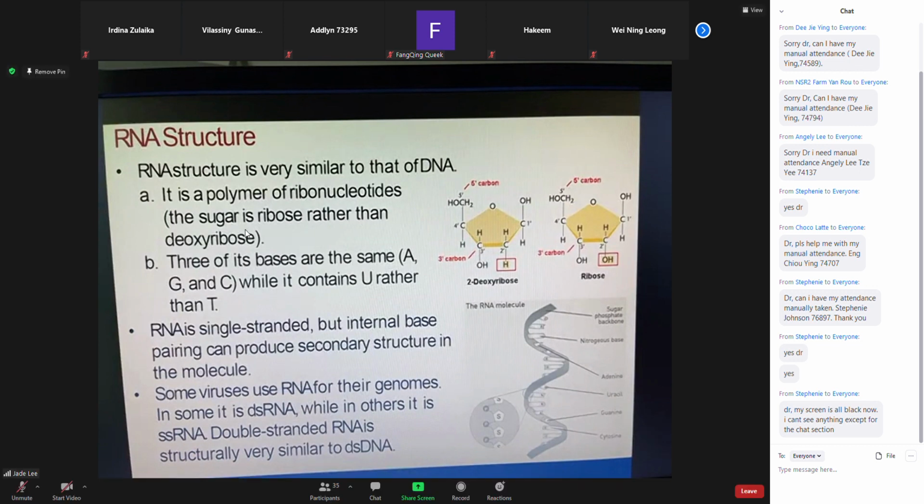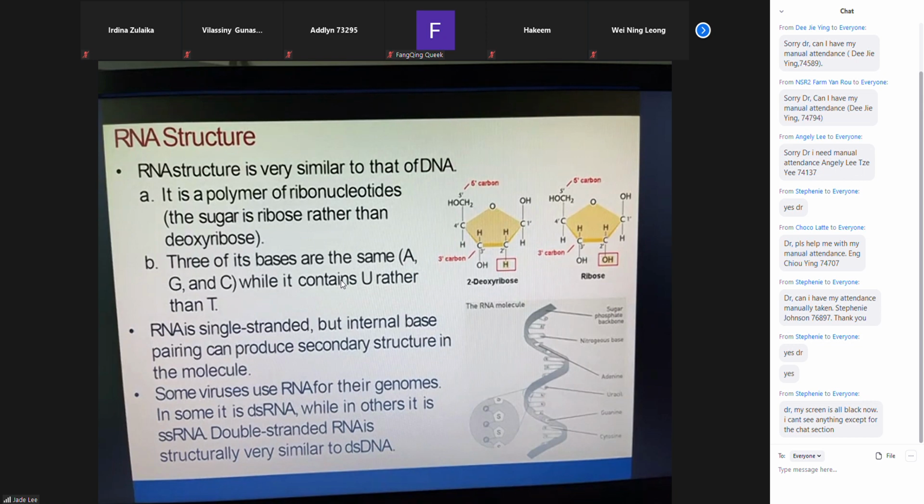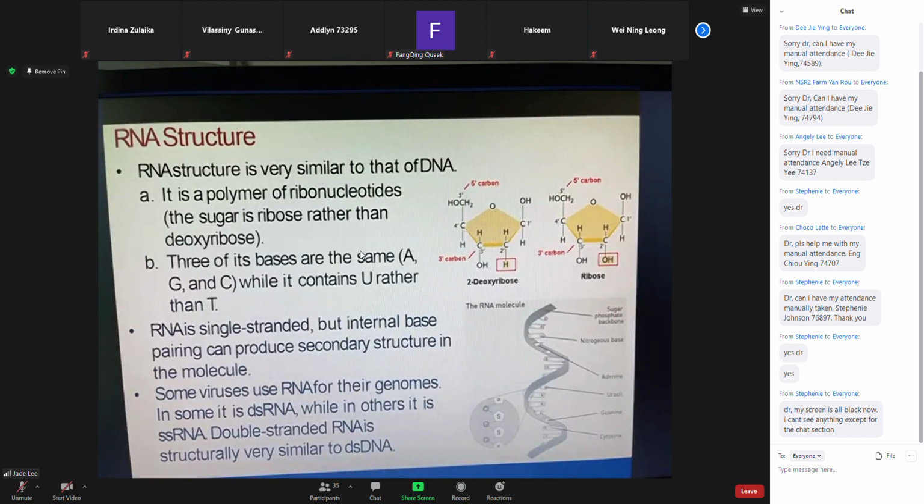RNA is single-stranded, but internal base pairing can produce secondary structure in the molecule. Some viruses use RNA for the genome, and in some of them it is double-stranded RNA, while in others it is single-stranded RNA. Double-stranded RNA is structurally very similar to double-stranded DNA.